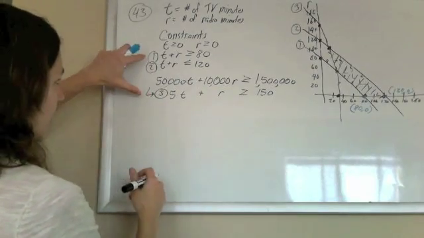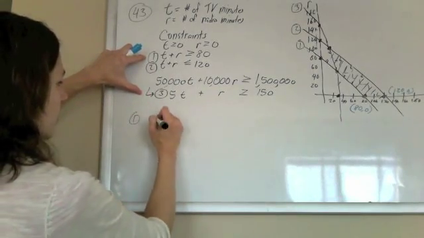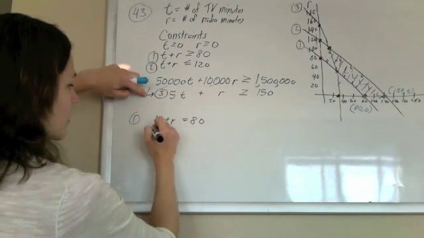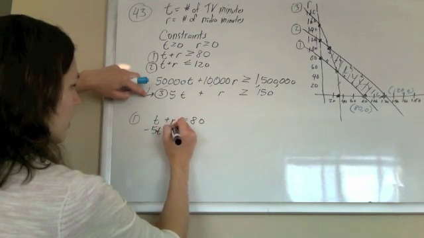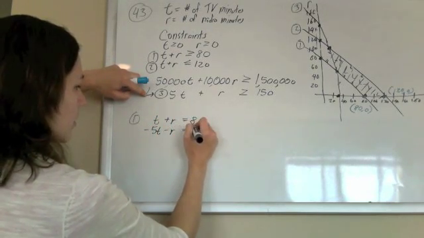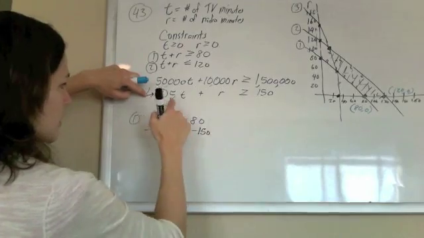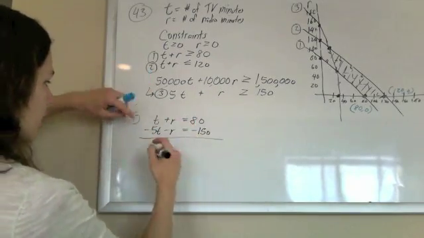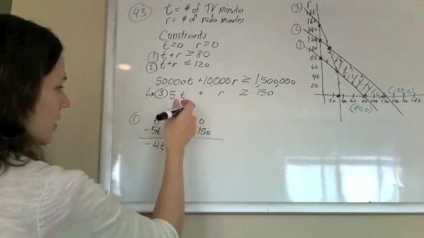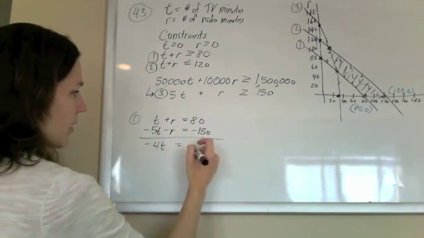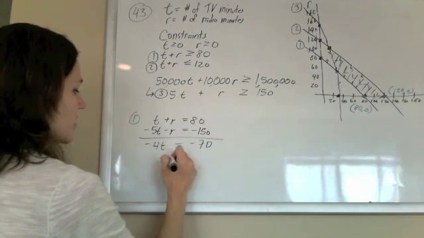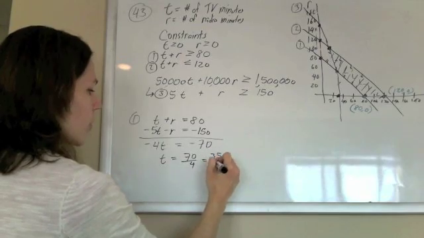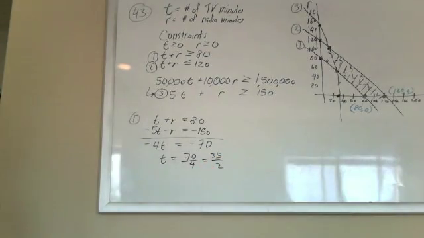I take equation 1 and subtract equation 3, so I just change all the signs. If I add those, I get negative 4t, the r's go away like I planned, equals negative 70. And this is so mean, t is 70/4, so 35 halves.